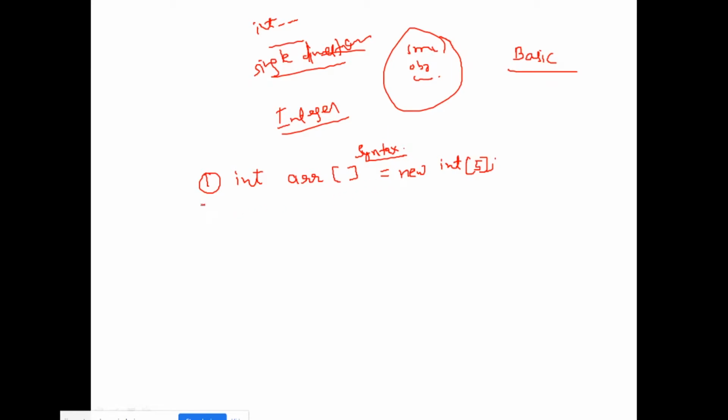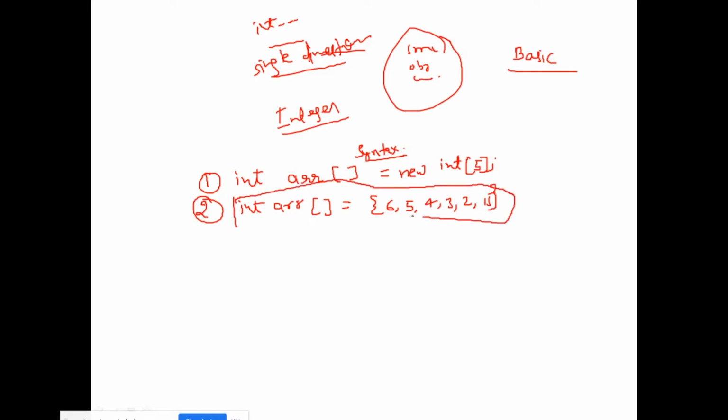Another way to define an array, if you are using it in this way, how you can do the things I will tell you. And the second way is to directly assign the values. You can give any name here, is equal to, suppose I want to decide 6 values: 6, 5, 4, 15. So this way you directly assign the values.